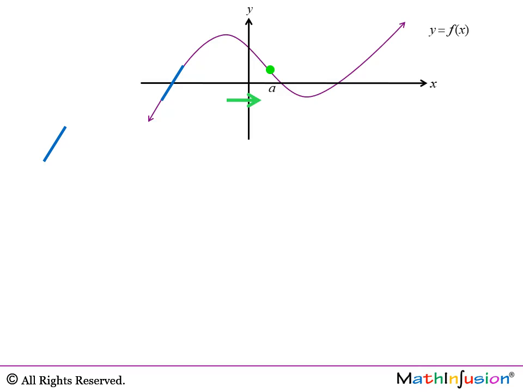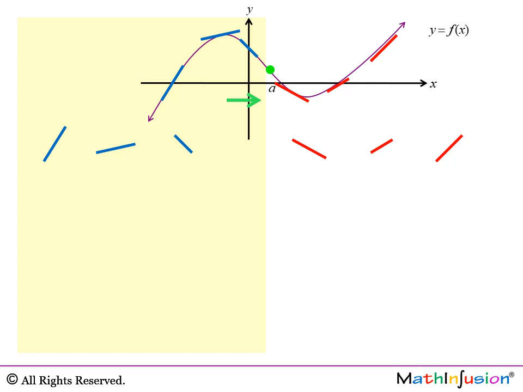Let's see what happens even more. Here are the slopes of the tangent lines to the curve from negative infinity to a. And here from a to infinity. I copy the slopes down so you can see the progression.